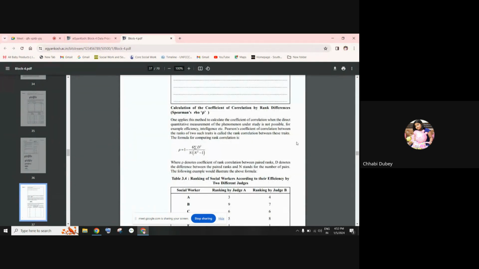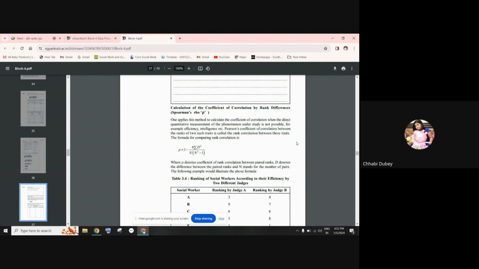Then we will compute the correlation by putting the respective values in the formula above. Now, there is another method of coefficient of correlation by rank differences, which is known as Spearman's method. This helps us calculate the coefficient of correlation when direct quantitative measurement of the phenomena under study is not possible.